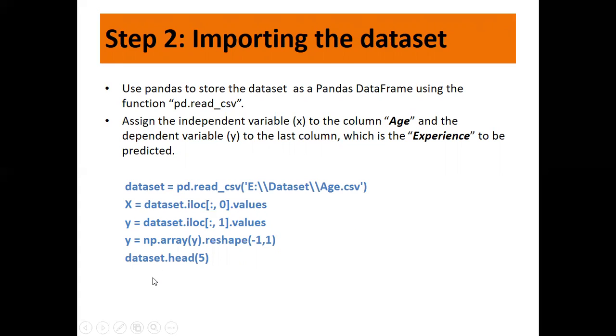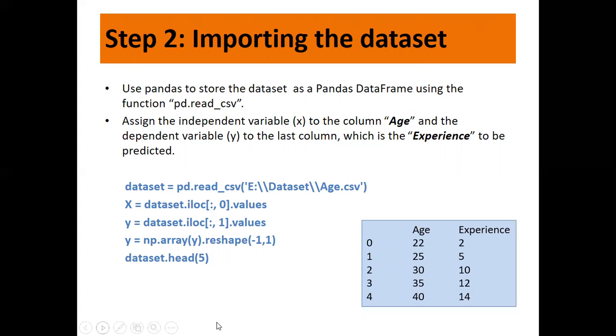When I print the head, that means the topmost 5 sample records or tuples are displayed. You can see these are the 5 tuples, indexed from 0 to 4. So the data is already read into the data set and we are printing the top 5 records.